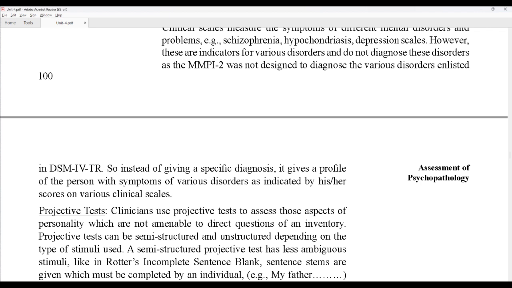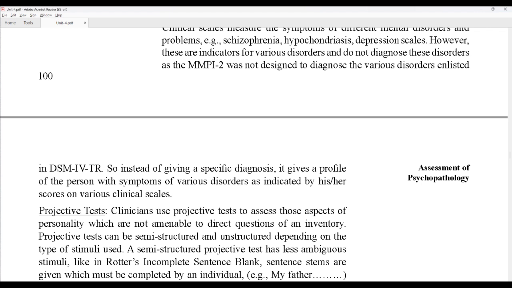However, these are indicators for various disorders and do not diagnose them, as the MMPI-2 was not designed to diagnose the various disorders enlisted in DSM-IV-TR. So instead of giving a specific diagnosis, it gives a profile of the person with symptoms of various disorders as indicated by his or her scores on various clinical scales.